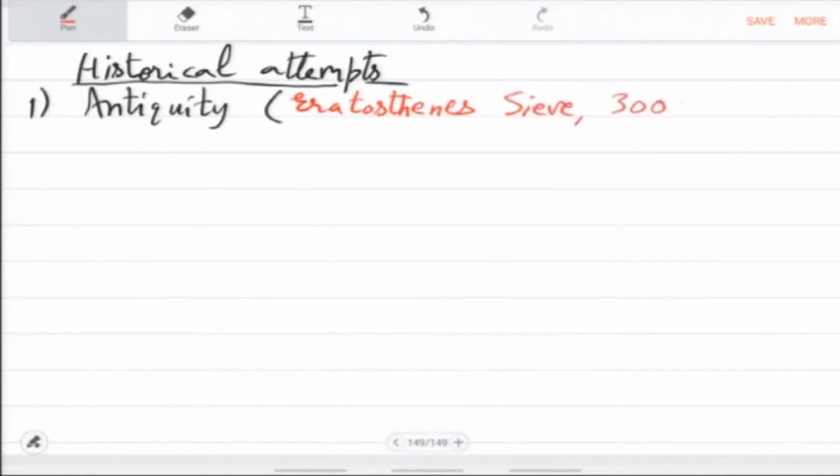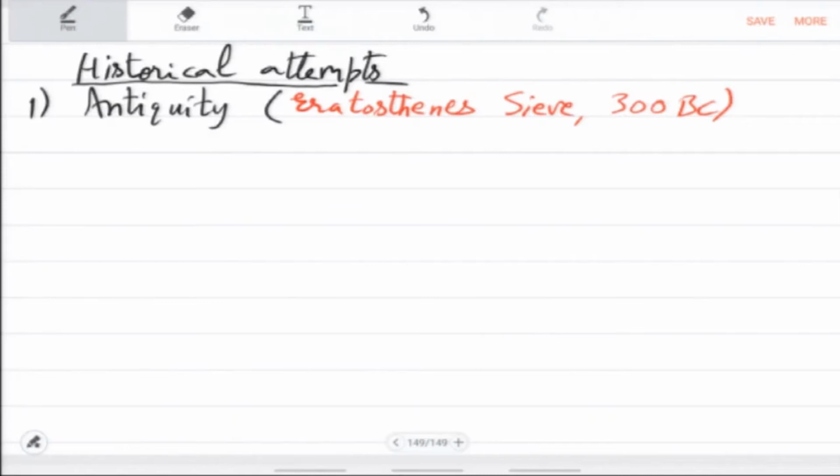So what is the history behind this question? So very old methods, from the antiquity, so Eratosthenes' sieve from 300 BC. This is essentially by the definition of prime numbers. Right.